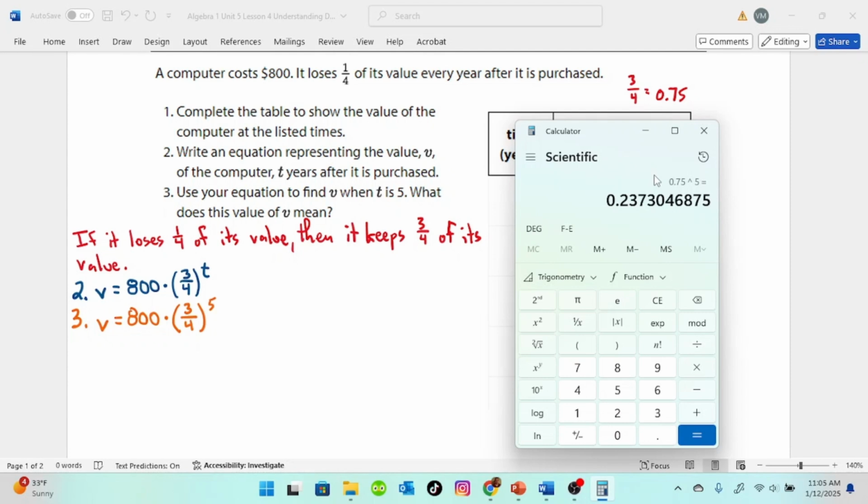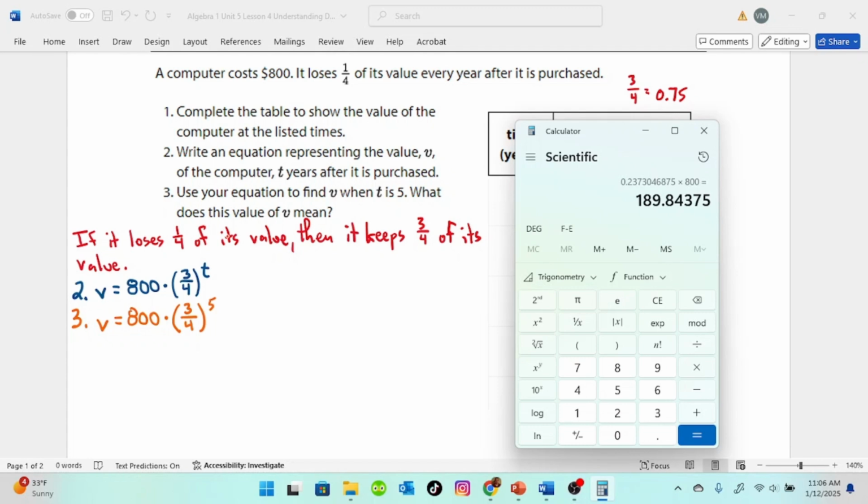Now I would take this and multiply it by the $800 starting price. And that gives me $189.84 when we round it. So you want to not round until you get to your final answer.